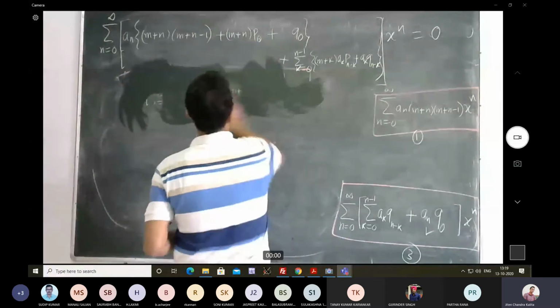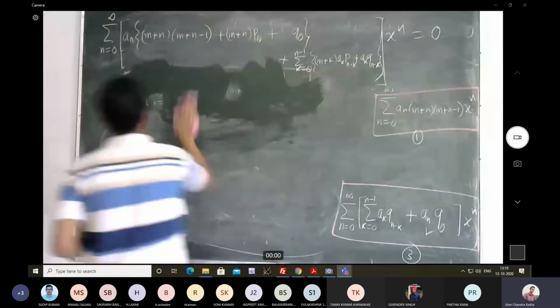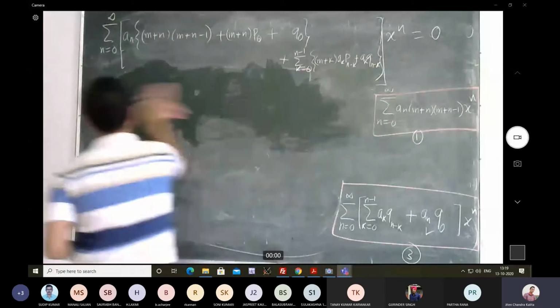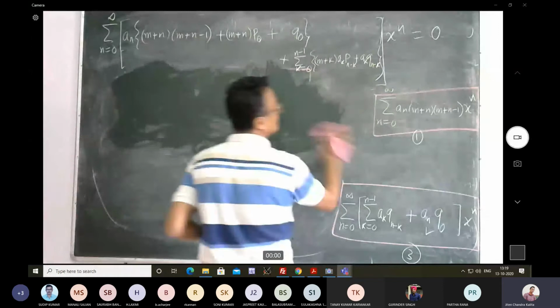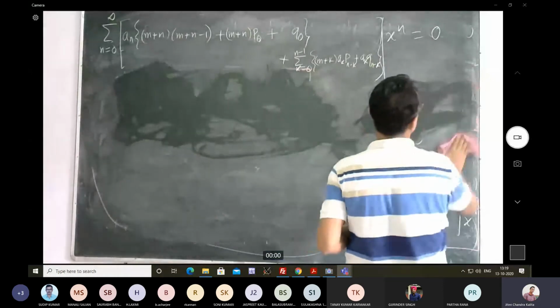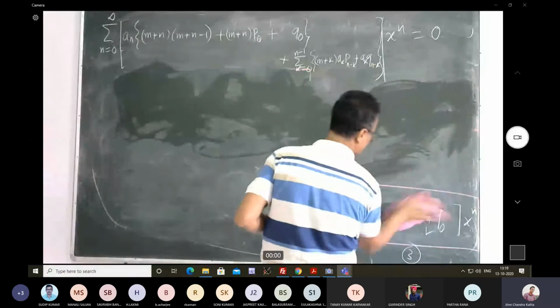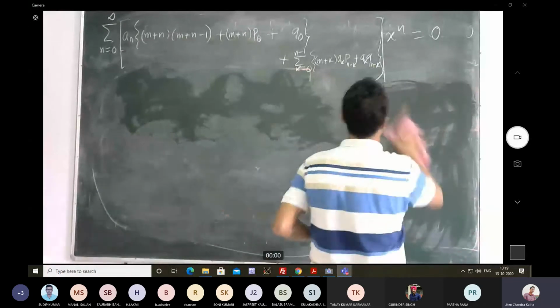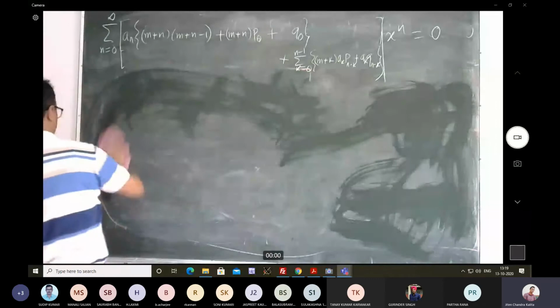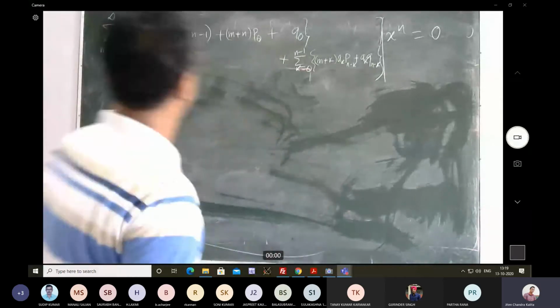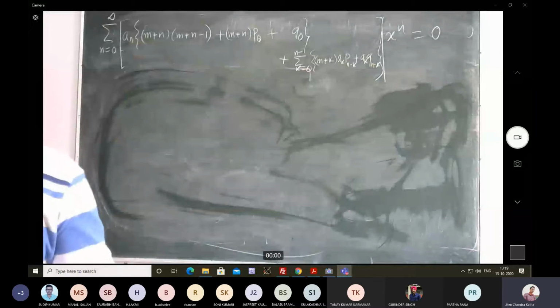So now you equate the coefficients of different powers of x to 0. Now see. Okay, fine. Okay.